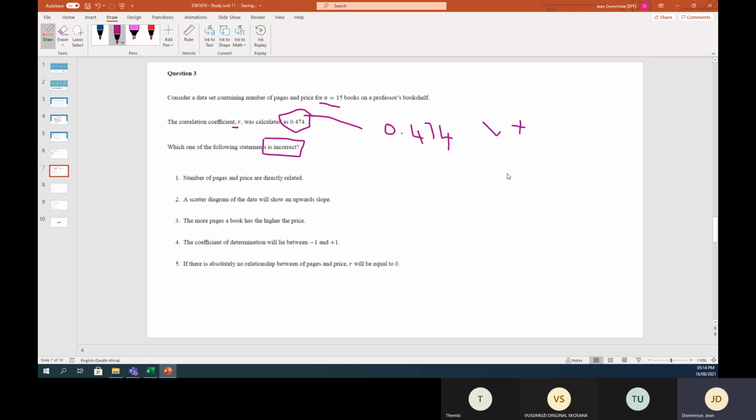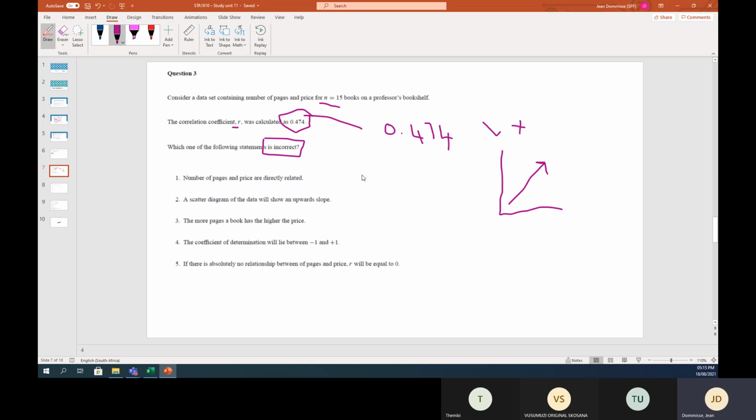What else do we know about it? If we add a diagram like that, it will move like that. So that is how it would look. Let's look at the options they give us. Number of pages and price are directly related. What would you guys have said? Are the two related?